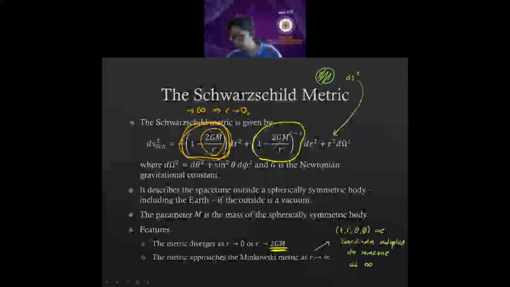That this t is going to denote the time as measured by someone at infinity, someone far away from r equals 0 or any other r.